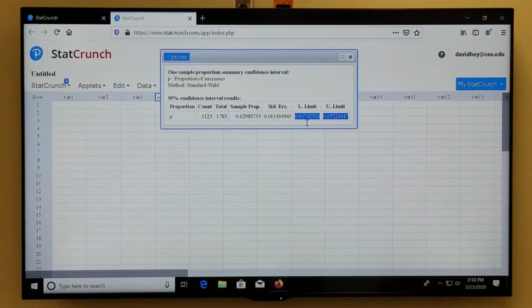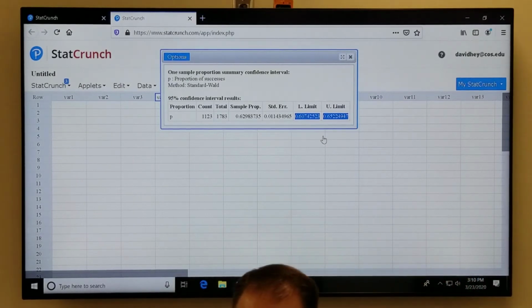This is our lower limit. This is our upper limit. So this is our confidence interval. So we're saying the sample proportion is about 63%. The true population proportion must therefore be somewhere between 60.7% and 65.2%. So that's what we would write down as our answer.